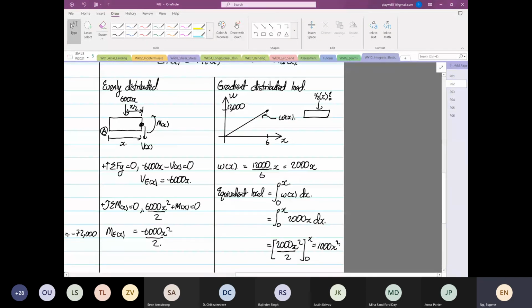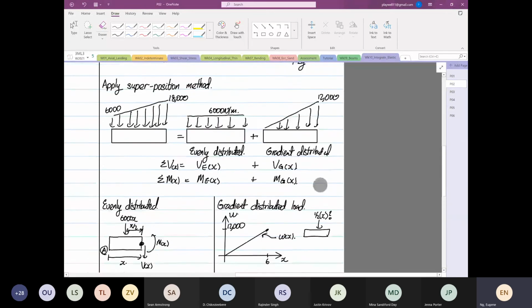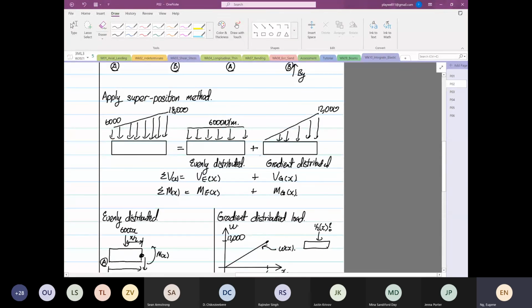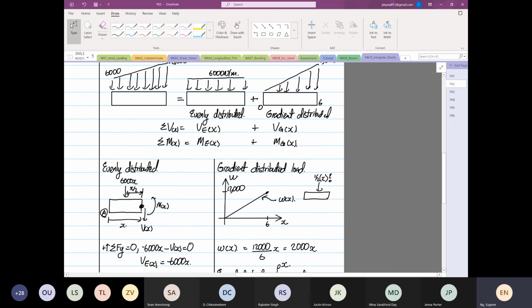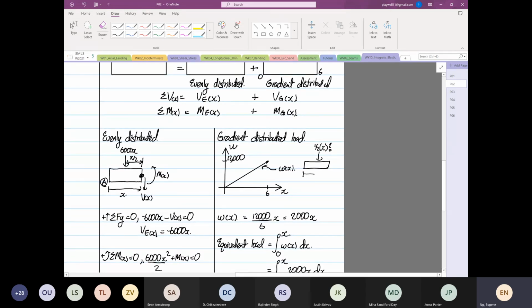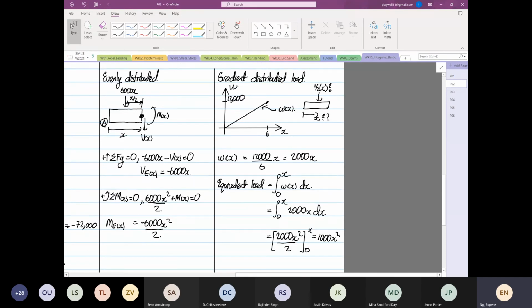If it's from one end to the other end, from 0 to 6, you can apply half times base times height, half times 6 times 12,000. But in this case you can't, because you don't know at a certain x what the height is. That's why you have to form a function.